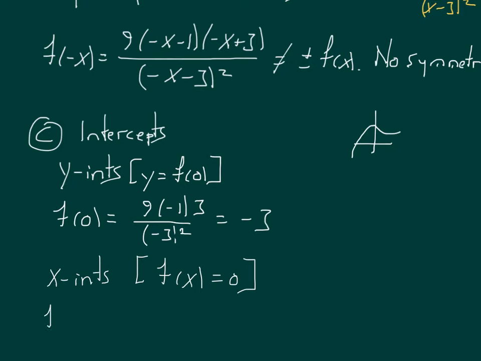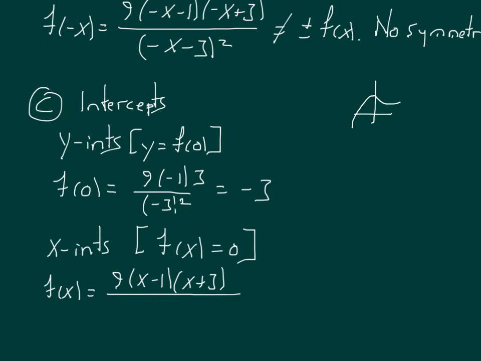So, well, what is f of x? F of x is equal to, looking at the formula, 9 times x minus 1 times x plus 3 divided by x minus 3 all squared.